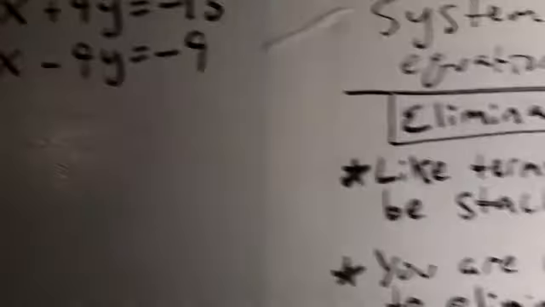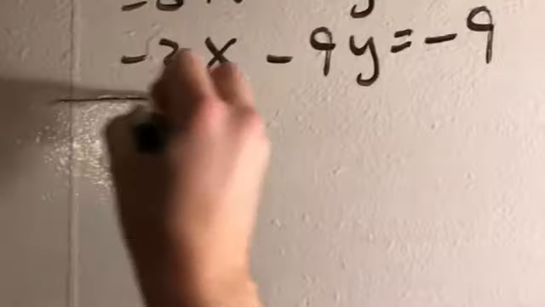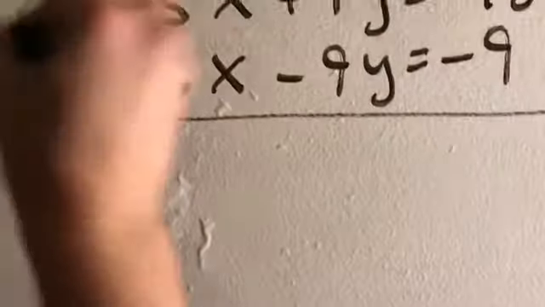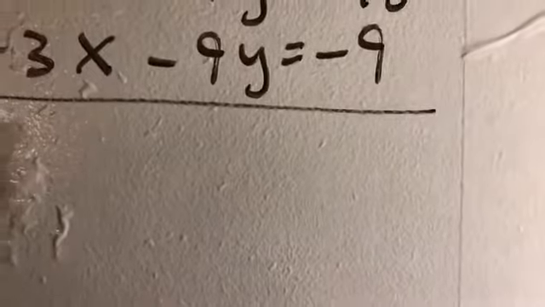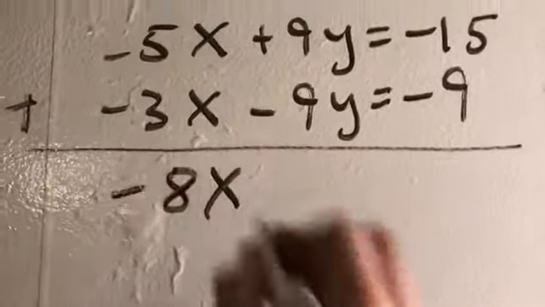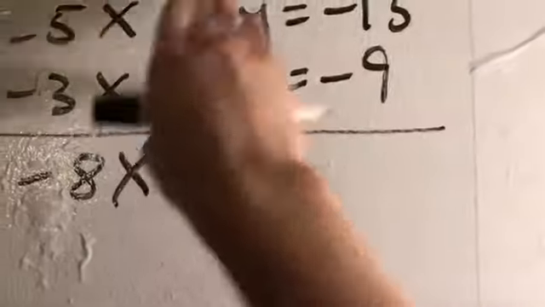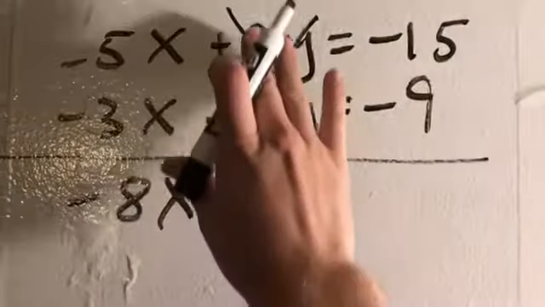So if we look over here, when we do elimination, it's going to look like we're literally adding the two equations together. Now negative 5x minus 3x is negative 8x. 9y minus 9y is 0, and that's why I know I'm ready to eliminate, because my y's are ready to go.